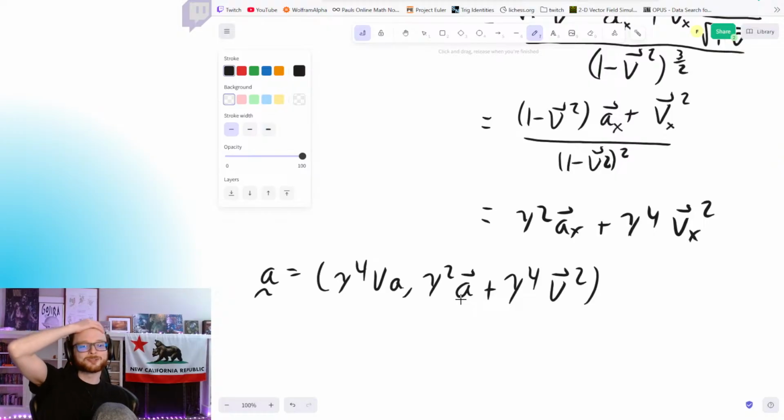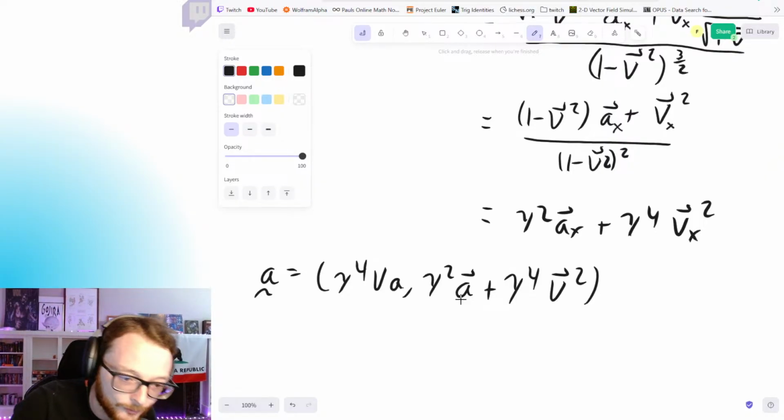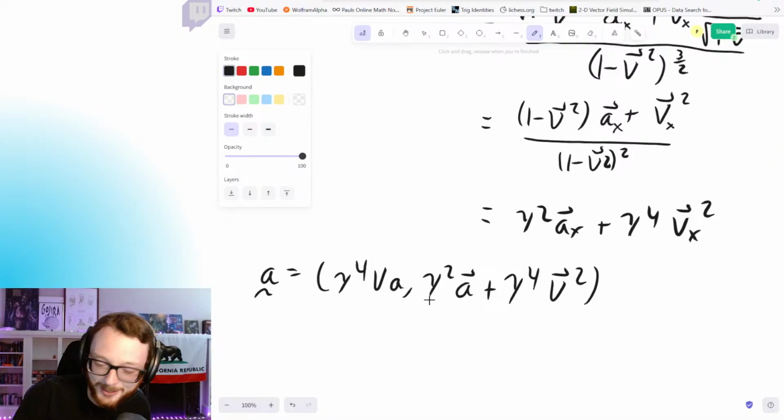Because gamma is dimensionless, V is dimensionless, A is something, inverse meters or something weird. Yeah, what are the units? Yeah, A would be inverse meters. V is dimensionless. Gamma is dimensionless. So I think the units check out. But a lot of things would check out.